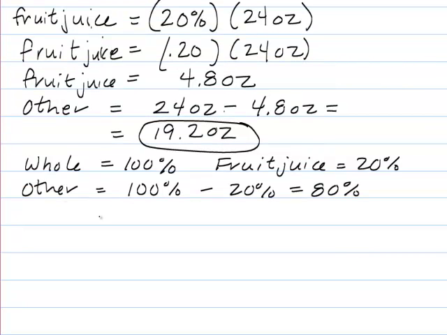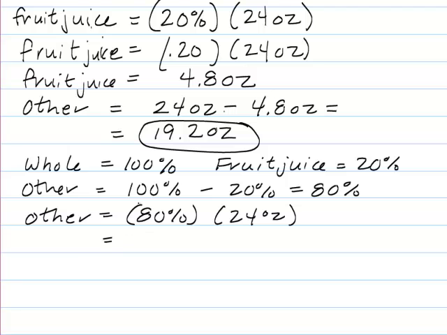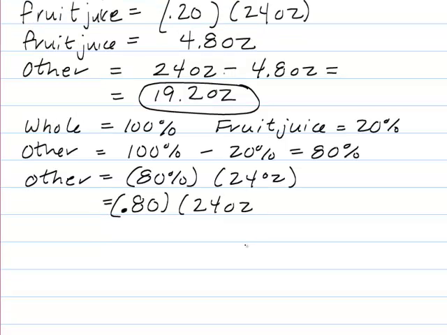So we can look at this as other would equal 80% of 24 ounces. And we know the next step is always to change to a decimal. So this is 80 hundredths multiplied by 24 ounces. And again, in just a different way, we find that there is 19.2 ounces of things other than fruit juice in this 24-ounce drink.